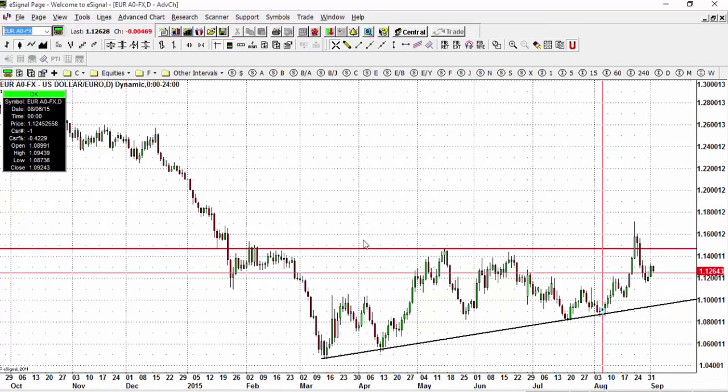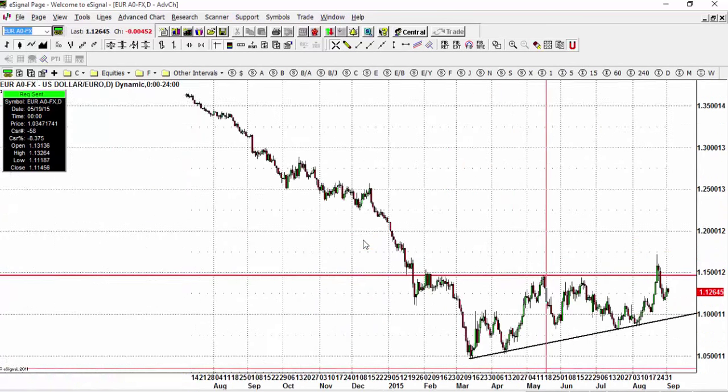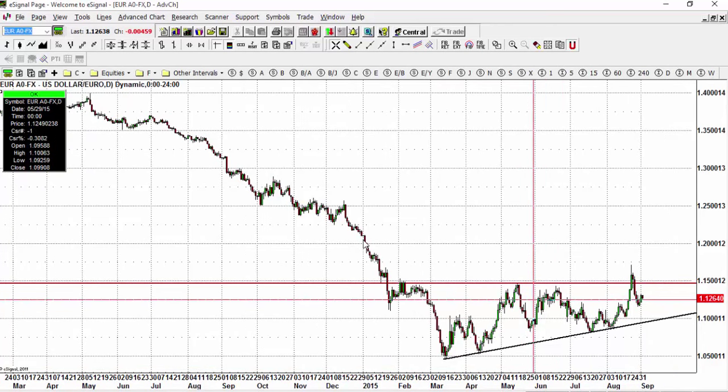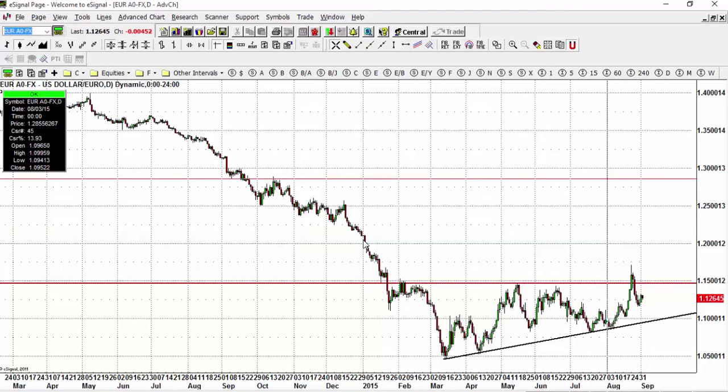So the picture in the euro is not as clear as some of the other currency pairs. So resistance is up at this spike high that was made at 117.14, and support, the medium term support now is down at 111.62.